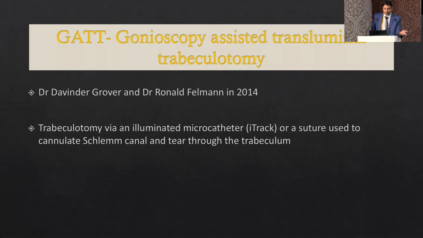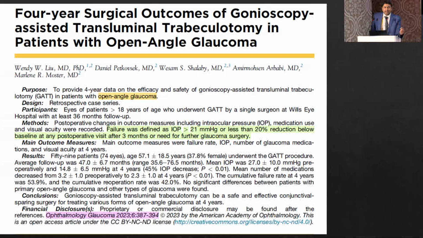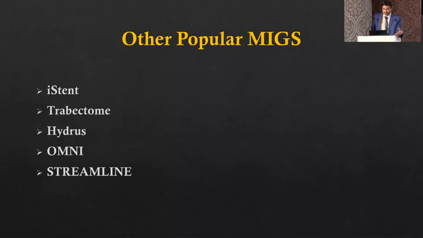It can be done with the help of an illuminated microcatheter, that is iTrack, or just with a Prolene suture. GATT is the angle surgery which controls the IOP the most. This long-term study demonstrating the outcome of GATT showed an initial 45% pressure reduction, but at 4 years almost 50% failed. So long-term success is still questionable in these cases.